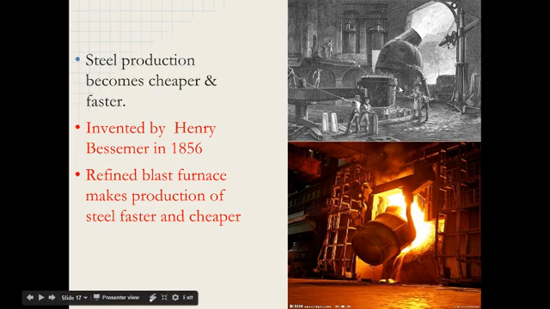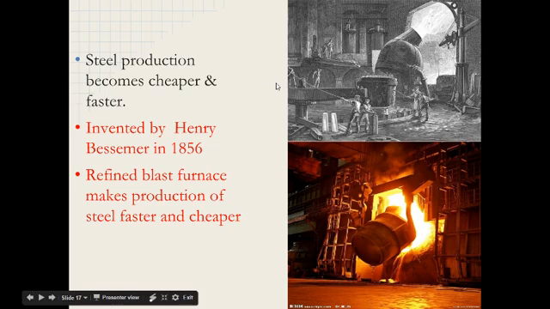And this is going to allow people to use steel for weapons, for buildings, like skyscrapers, for ships, for railroads, right? And steel becomes the main metal of the Industrial Revolution.